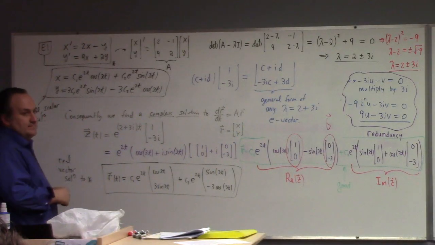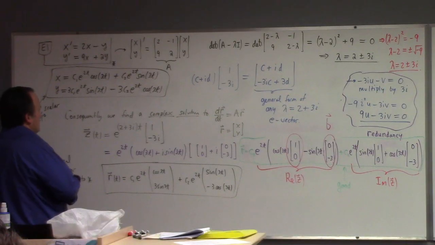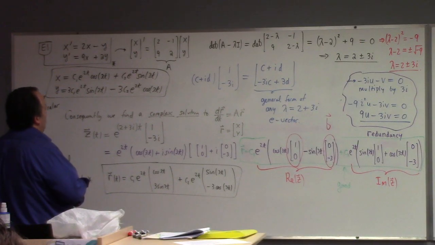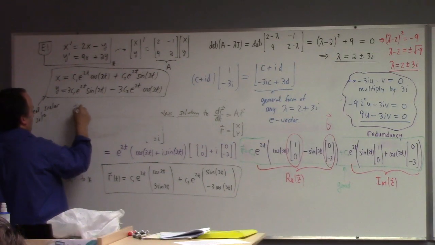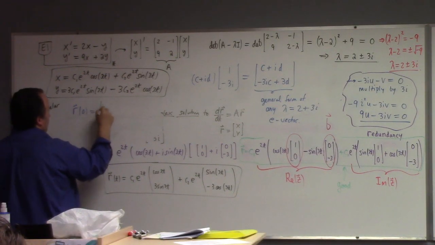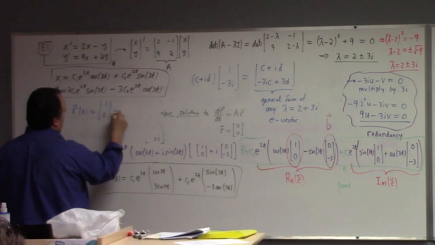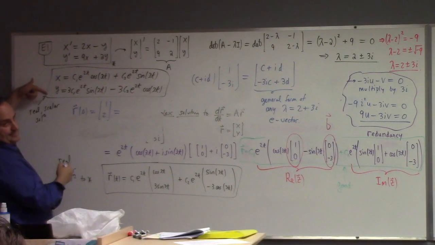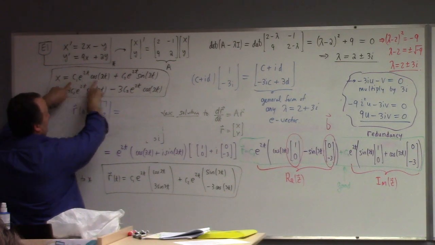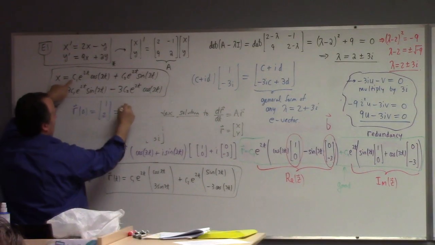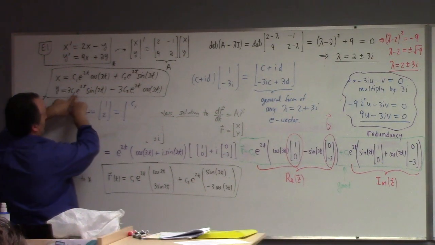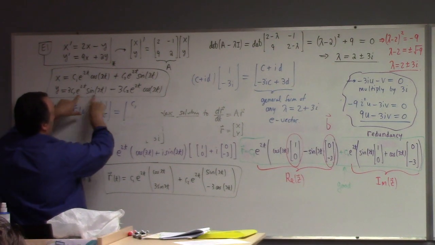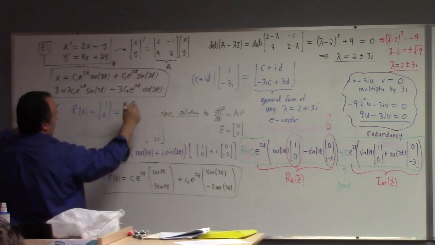Like if I say at time 0 it's at the point 1, 2, what's that do? Put in time 0, we get C1 from this, right? And down here, we get minus 3C2.